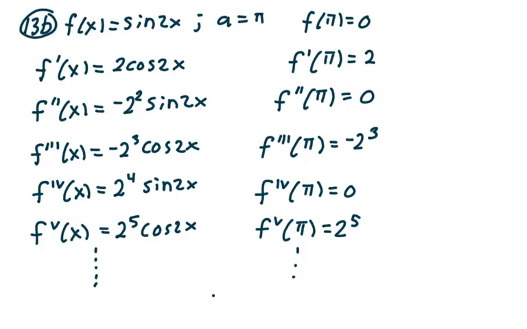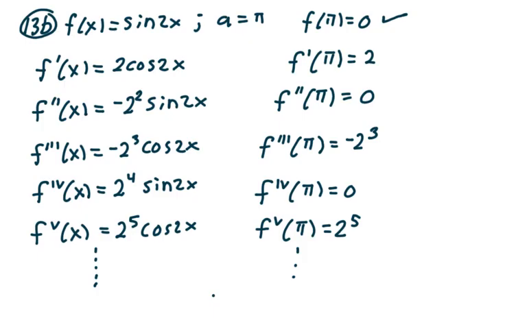13b. Suppose f of x equals sine 2x and a equals pi. And so I want the Taylor series for f centered at pi. Now, if f of x equals sine 2x, if I take f and evaluate it at pi, I get 0. F prime of x is equal to 2 cosine 2x.